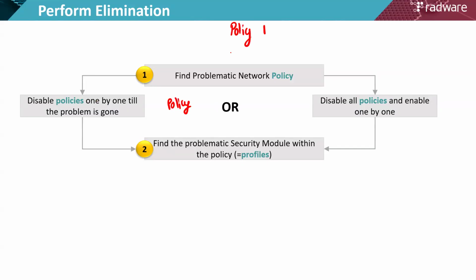There are two policies, policy one and policy two. Under policy one, we have profile one and profile two. Under policy two, we also have profile one and profile two. Now we are facing some issue. So how can we tackle this, or how do we identify which policy or which profile is causing the issue?